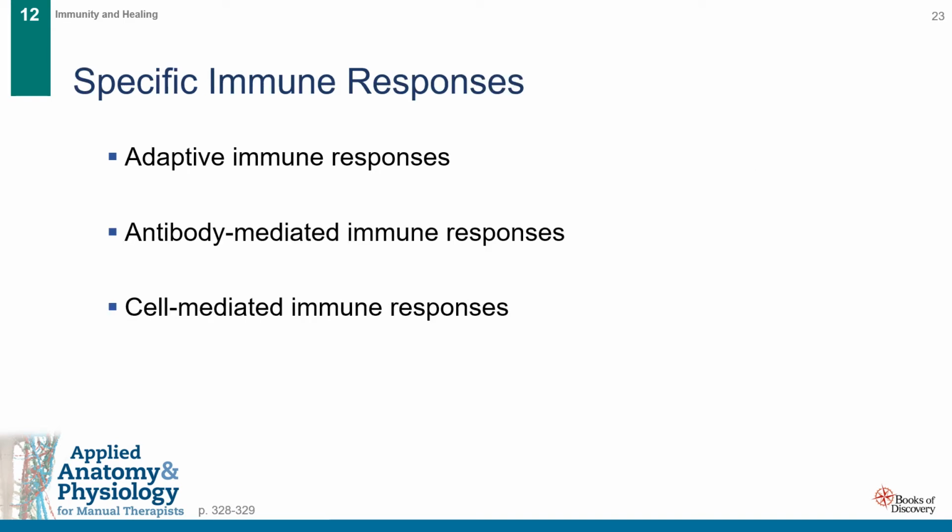Now let's discuss specific immune responses. In contrast to nonspecific or innate immune defenses, specific immune responses, also known as adaptive immune responses, are acquired over time through exposure to specific pathogens.